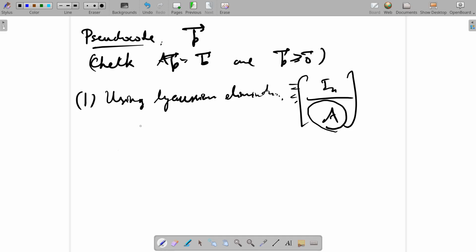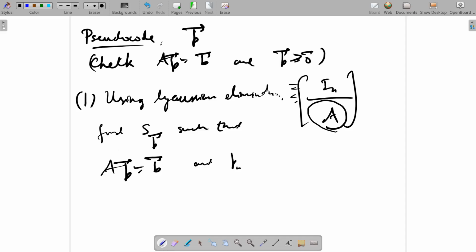So what we will do is first just choose those rows where P is tight, and amongst them, then using Gaussian elimination, I'll find S, which is actually dependent on P. So I'll stress that here, such that first of all AP is equal to B and Pj equals 0 for j in I, which is S_P intersection 1 through n.